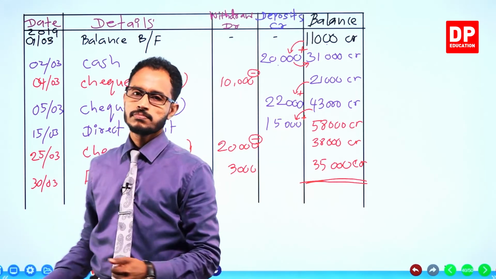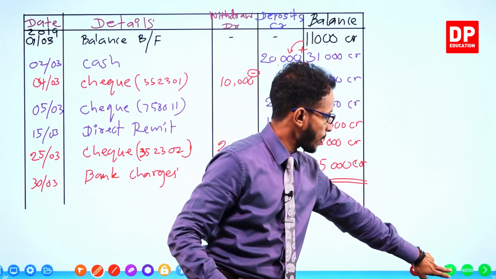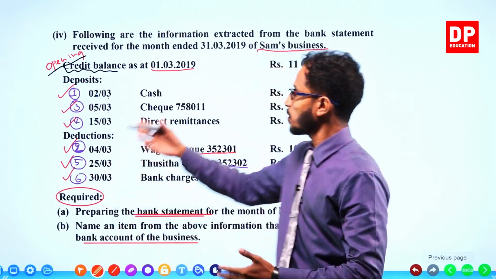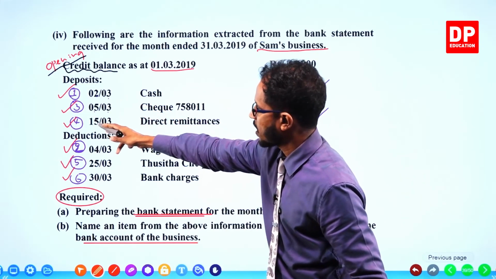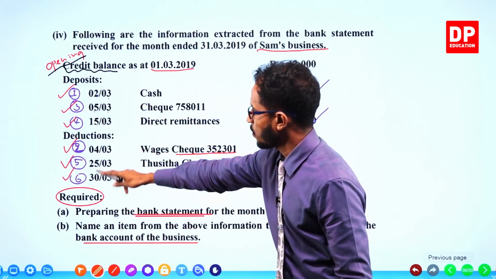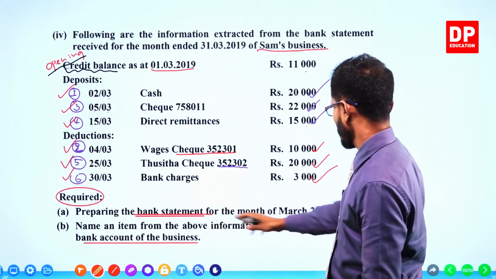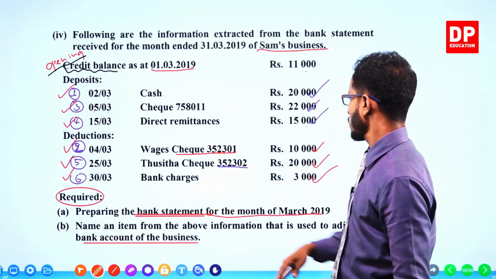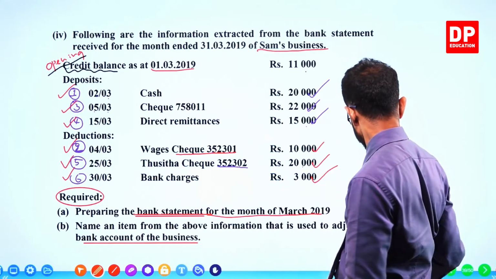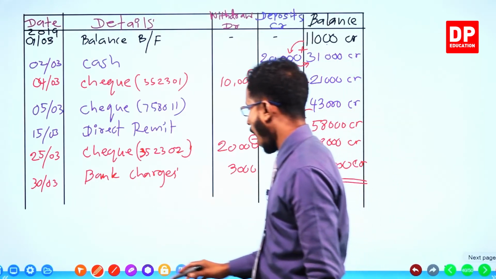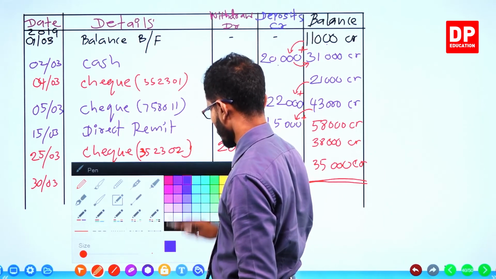There you go. If you want, you can again cross-check with the question. All the entries, all the items are taken. And we prepare the bank statement for the month of March. You have to name it. Name the bank statement, children.